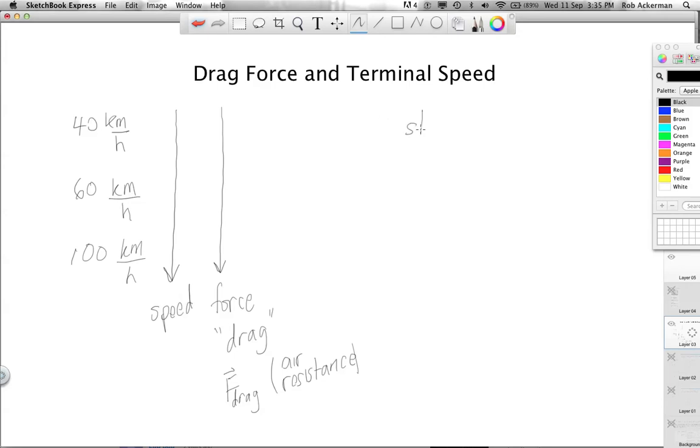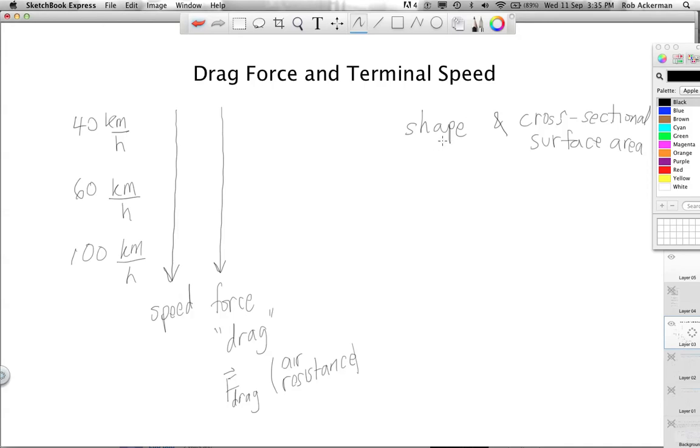It's telling us that the shape of the object as it goes through the air affects the amount of air resistance, and also what we call cross-sectional surface area. What that means is the physical area, square centimeters or square meters, that are facing in the direction of movement. These two things affect the amount of air resistance.